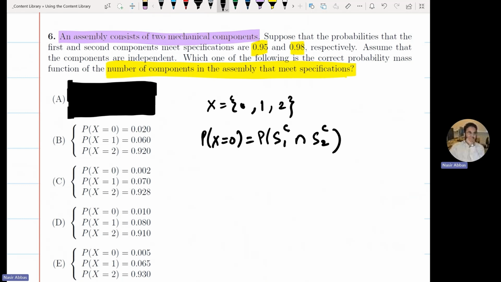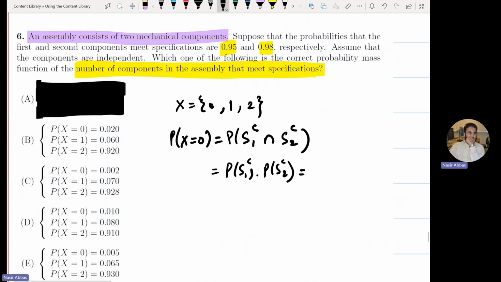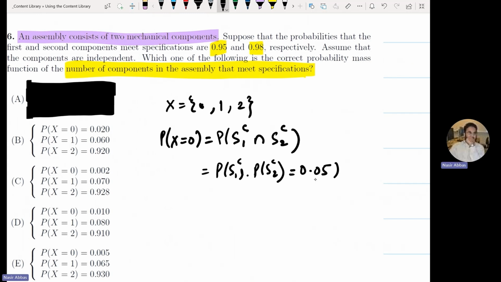The question says they are independent. When they are independent, intersection turns into multiplication. So this is S1 complement times S2 complement. Meeting the specification is given, so does not meet will be 0.05 times 0.02.